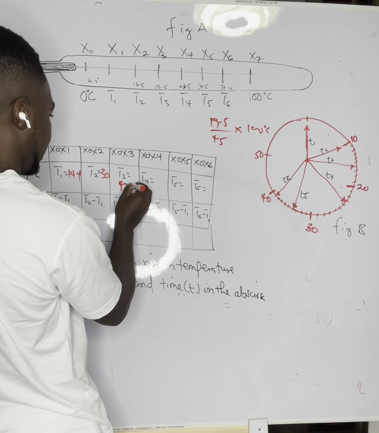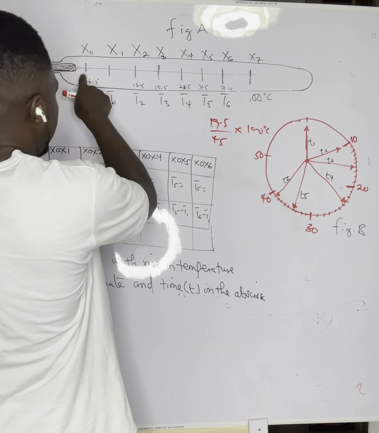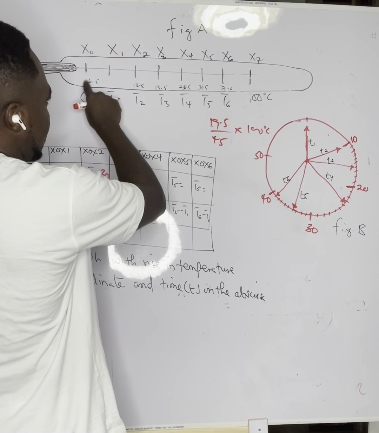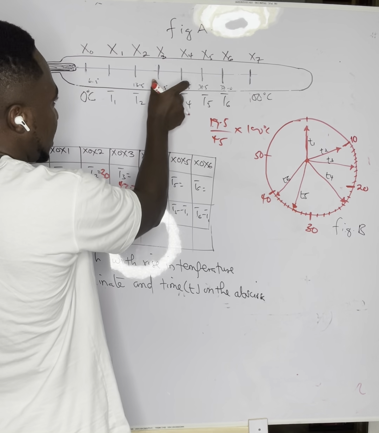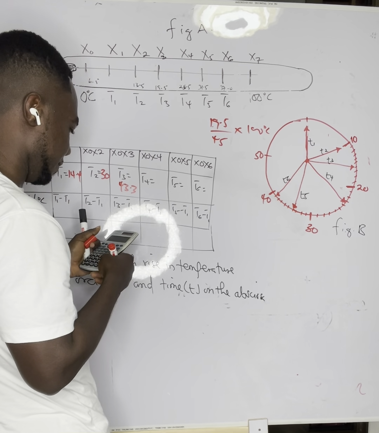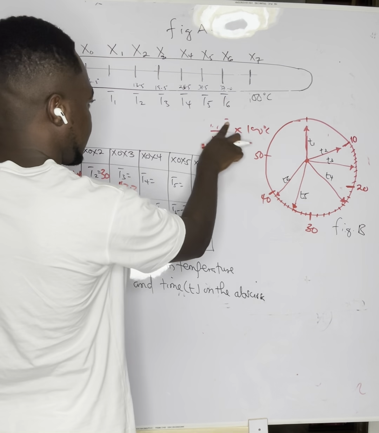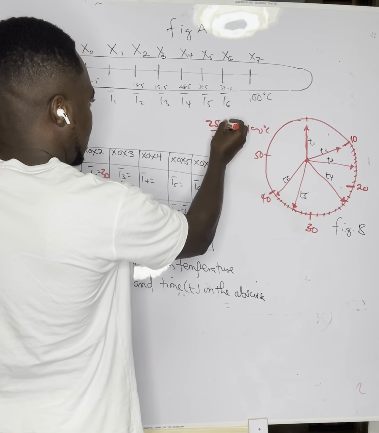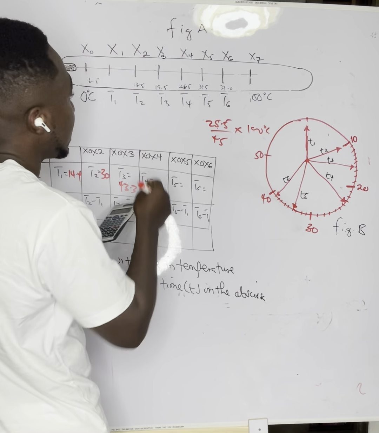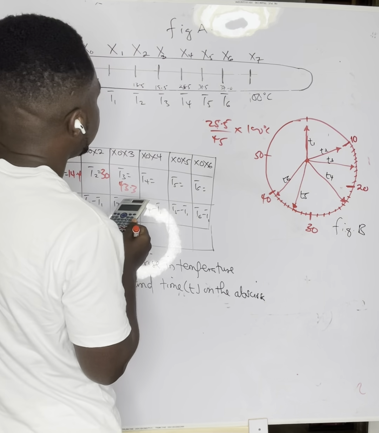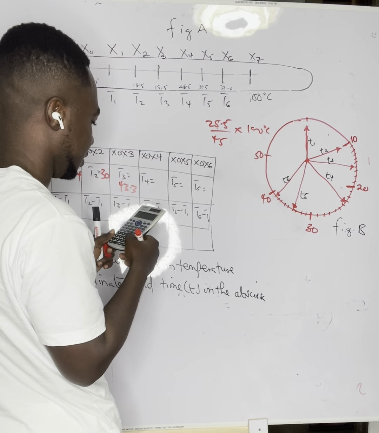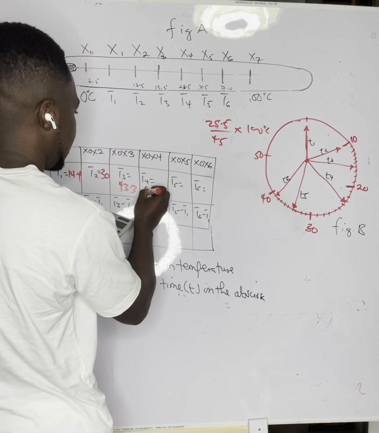So 43.3. From X0 to X4, put the meter rule on it, you get 25.5. So 25.5 over the total length of the thermometric thread, 45, times 100 degrees Celsius, gives 56.6.